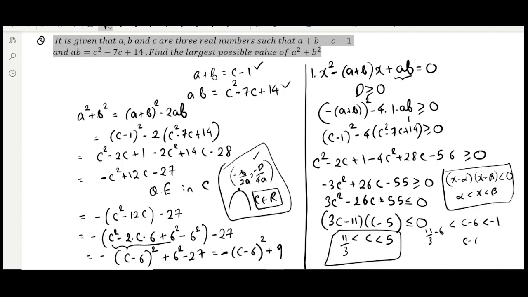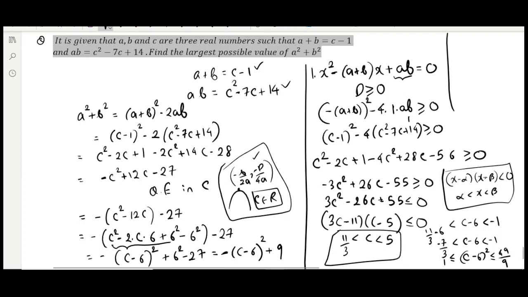So c minus 6 lies between minus 7 by 3 and minus 1. Squaring, because we are trying to create this term, c minus 6 whole square will lie between 1 square, which is 1, and 49 by 9, which is clearly greater than 1. So c minus 6 whole square lies between 1 and 49 by 9.